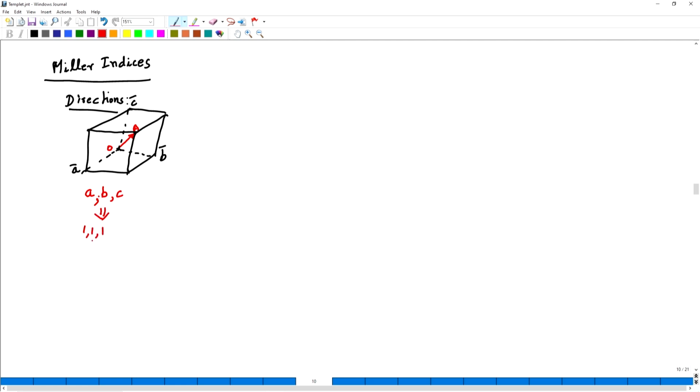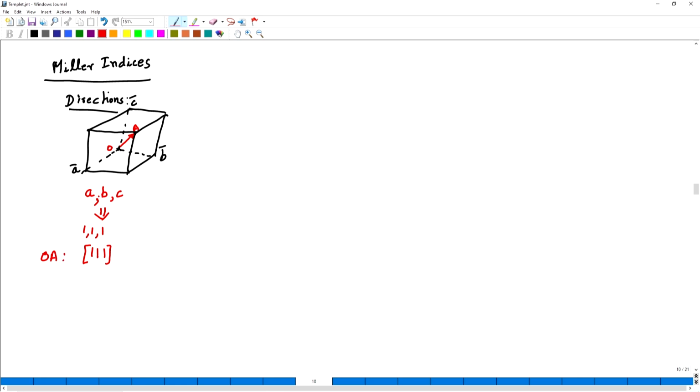So, the Miller indices for this direction become simply 1, 1, 1, and conventionally that is put inside a square bracket. Therefore, the direction OA has Miller indices 1, 1, 1 enclosed in square brackets.